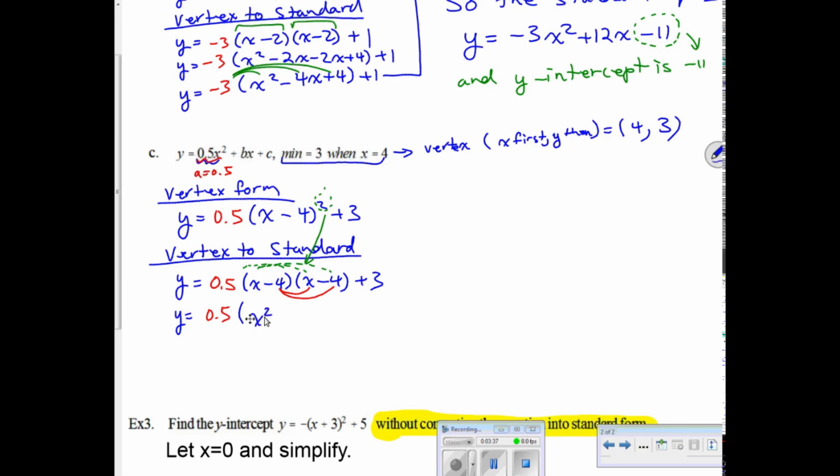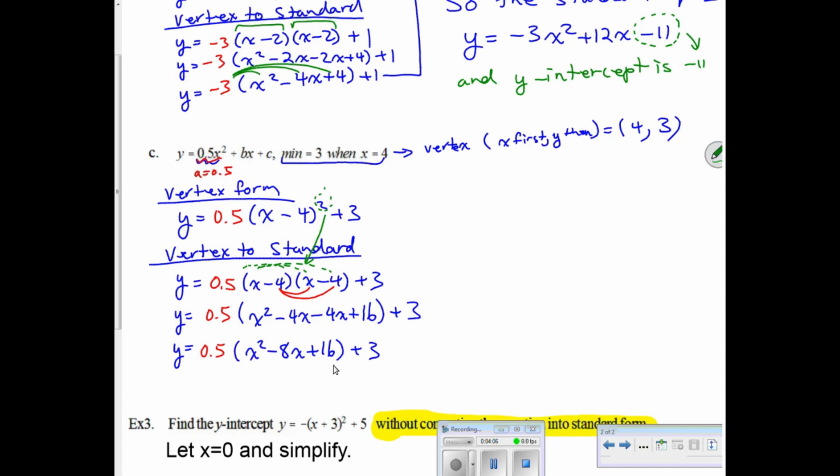So now we end up with x squared in our second equation minus 4x, and then plus 16. But notice the 0.5 is still up front because we haven't really finished our calculations inside. So now we get 0.5 bracket x squared minus 8x plus 16, still in brackets, plus 3.